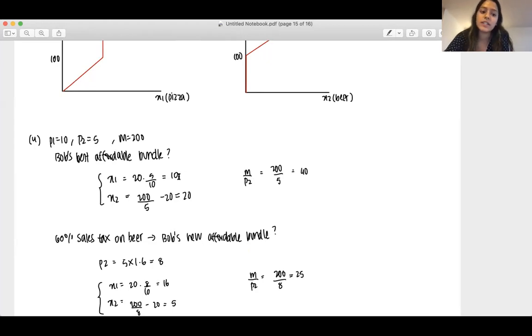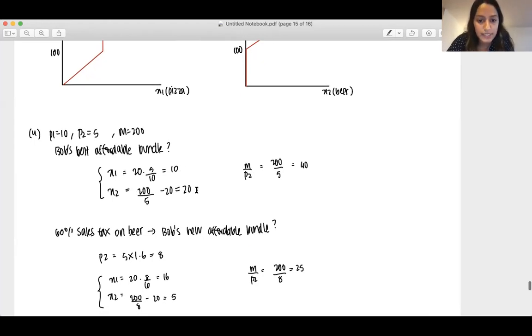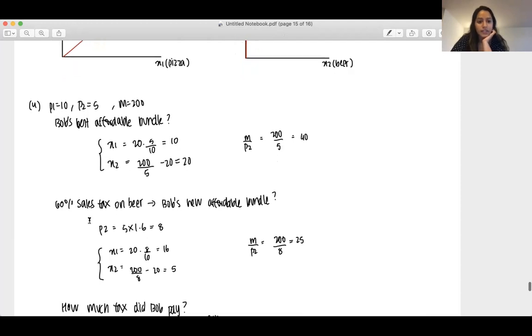So x1 is equal to 10 and x2 is equal to 20. What I should have done is also write out Bob's best affordable bundle is equal to open bracket 10 comma 20 close bracket. That's what you should do, but even if you don't, it's okay because you can see what the values are. So that's the first part.